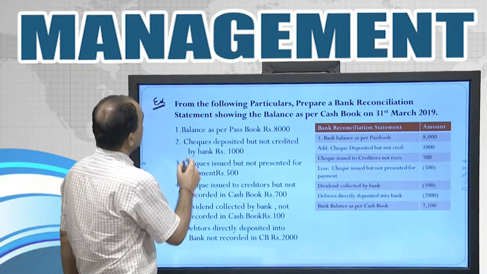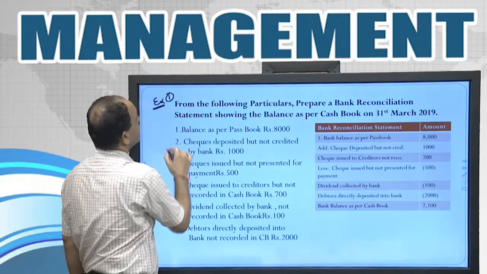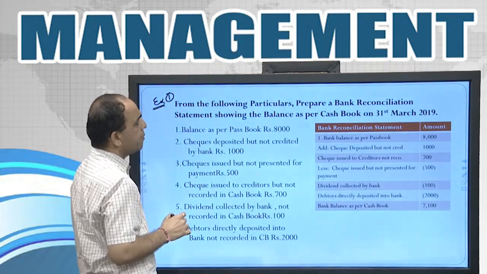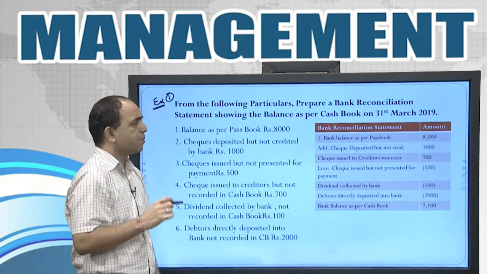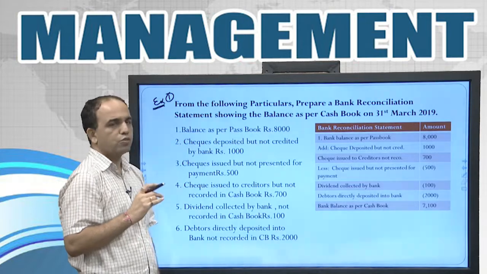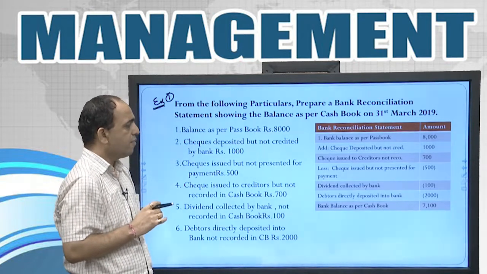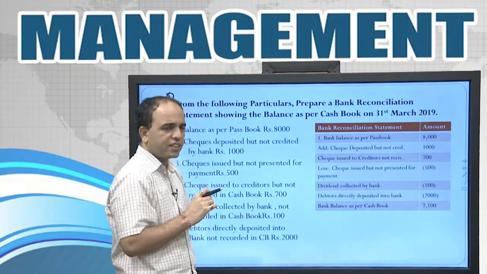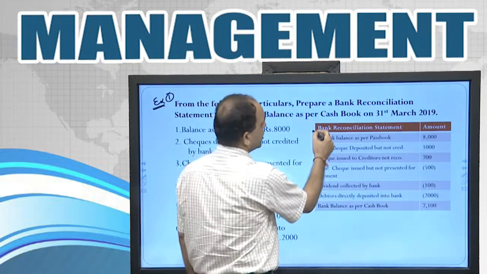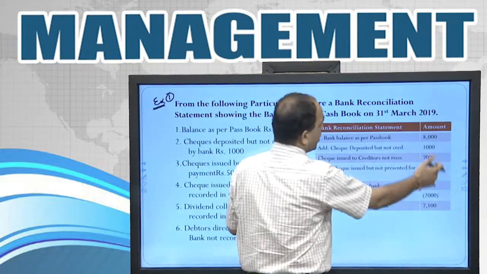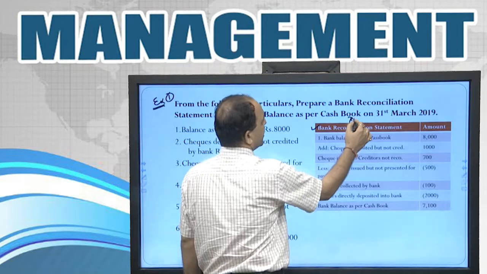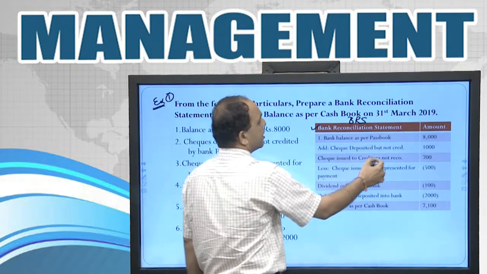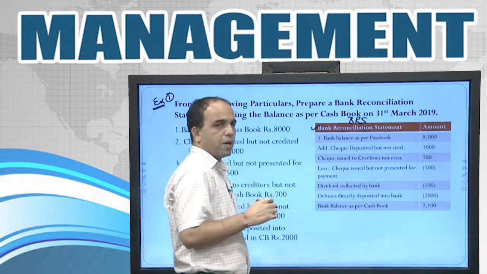Number 1, from the following particulars prepare a bank reconciliation statement showing the balance as per cash book as on 31st March 2019. Friends, when we prepare a bank reconciliation statement, you know the structure. We need 2 columns: one for particulars, where we write the bank reconciliation statement, and the other for amount.